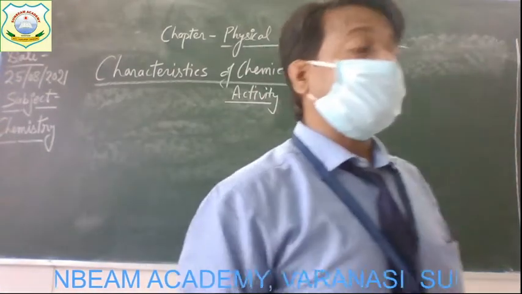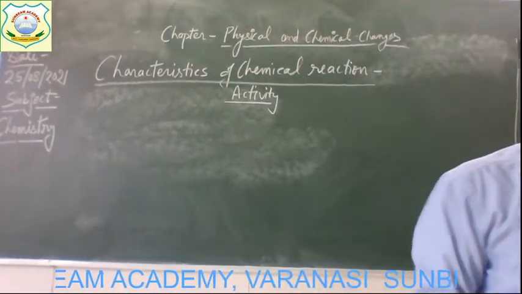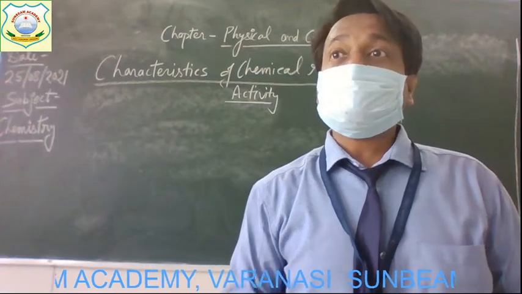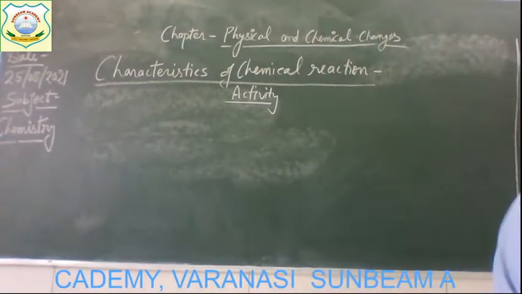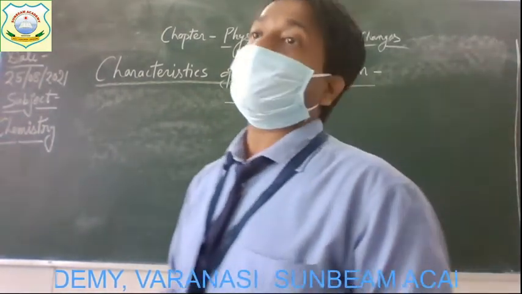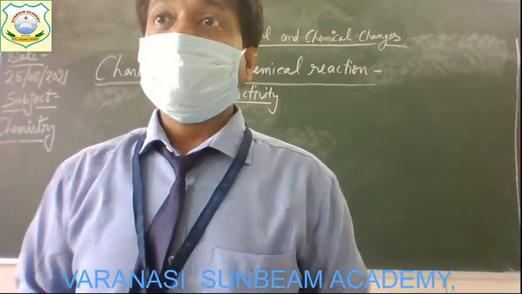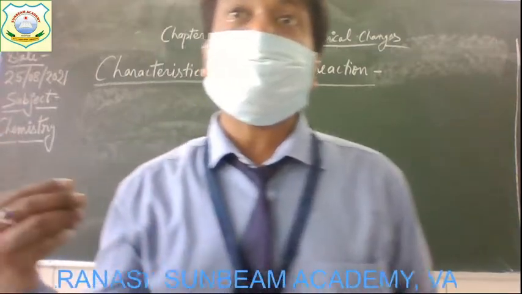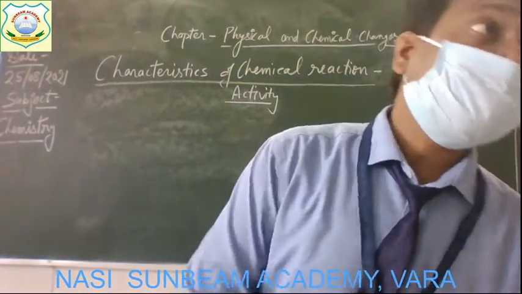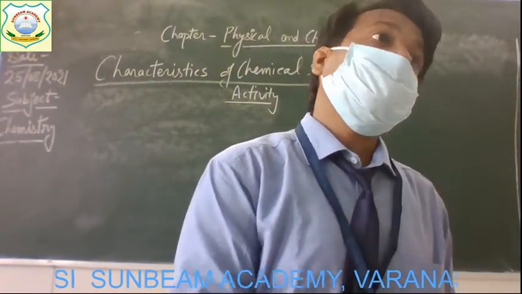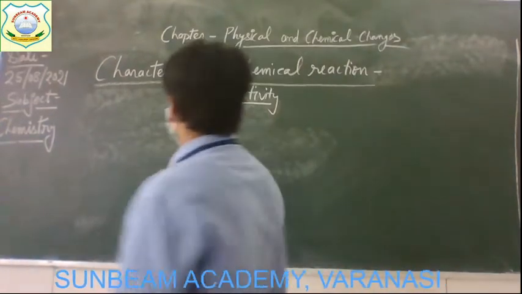In this activity, we will discuss how we can prepare carbon dioxide gas in the laboratory. So what is the objective of this activity? To prepare carbon dioxide gas in the laboratory.